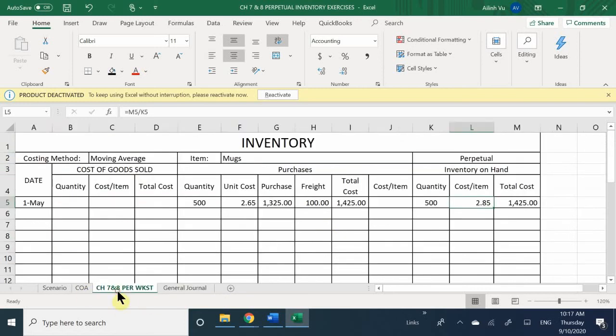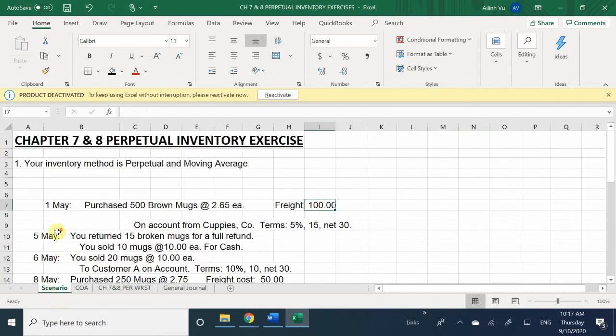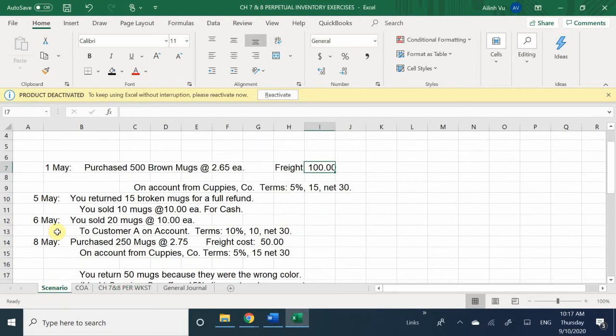We know that we're done with our inventory worksheet because we don't have to do any more calculations. So what has happened next? We returned 15 broken mugs for a full refund.